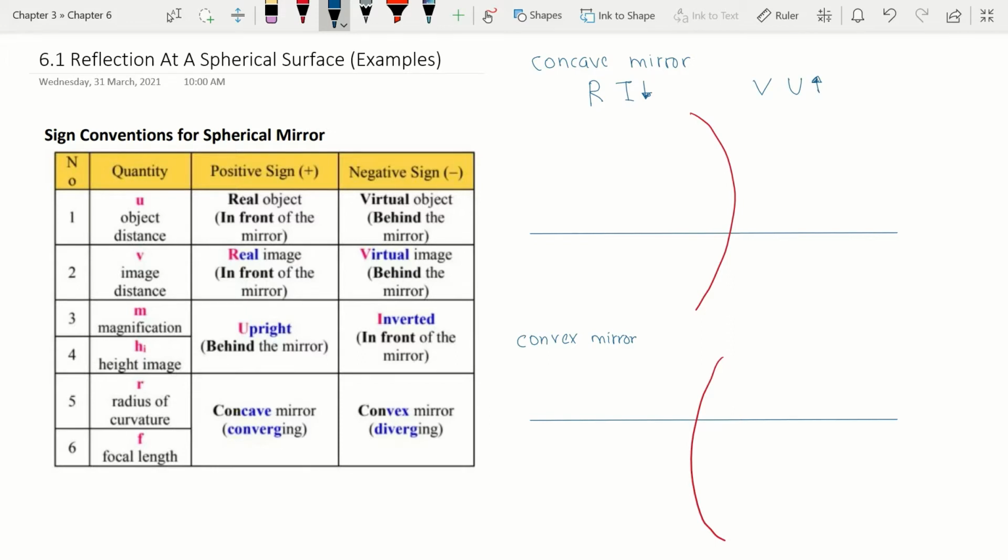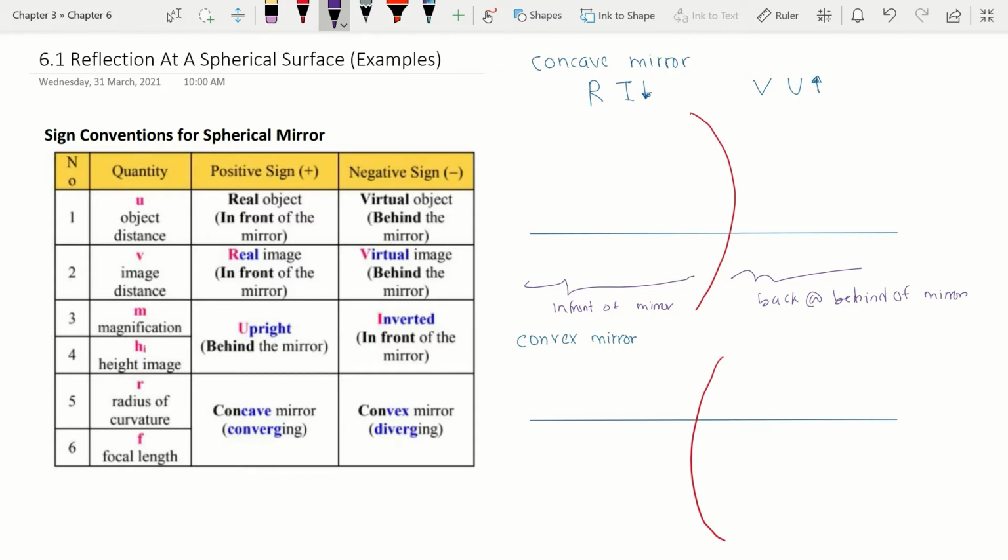We have a mirror, and this is in front of the mirror, and this is the back or behind of the mirror. If our image is formed in front of the mirror, it is an inverted and real image. But if our image is formed behind or at the back of the mirror, it is a virtual and upright image.